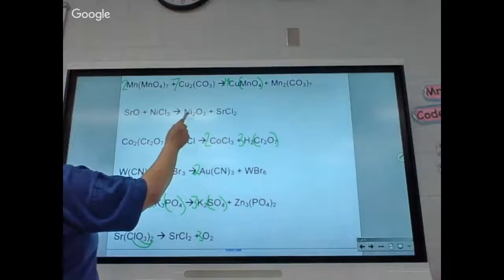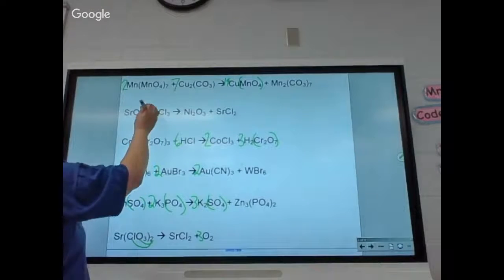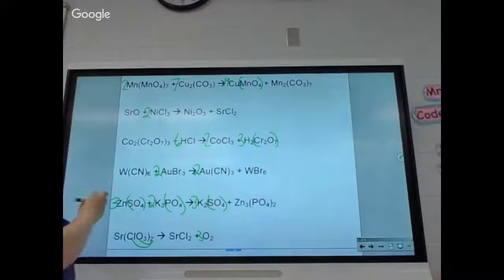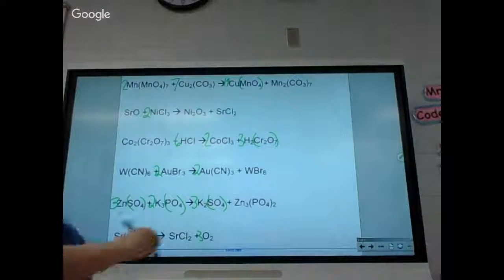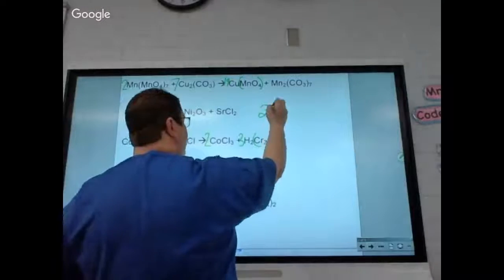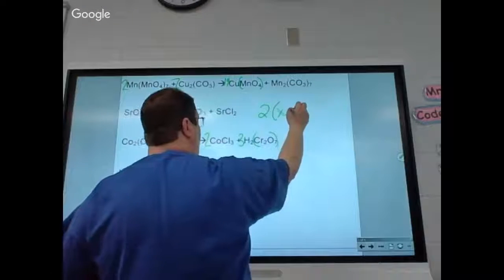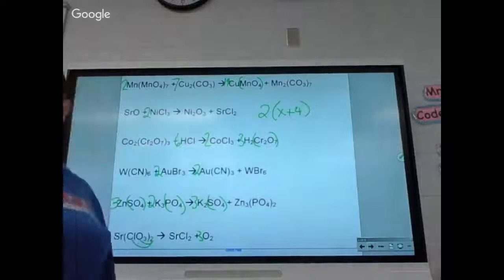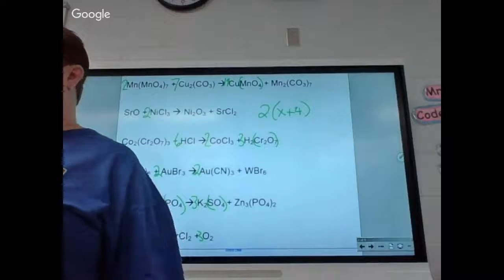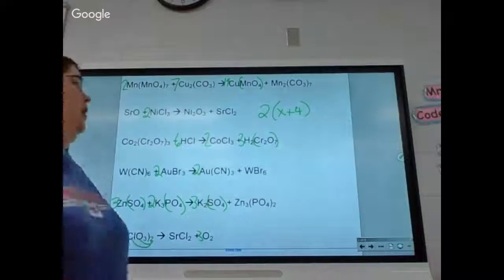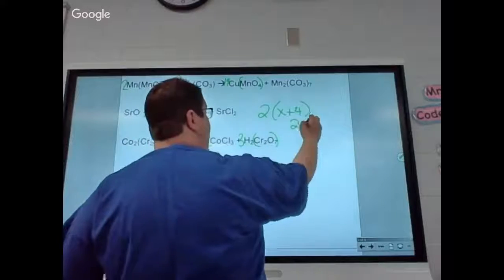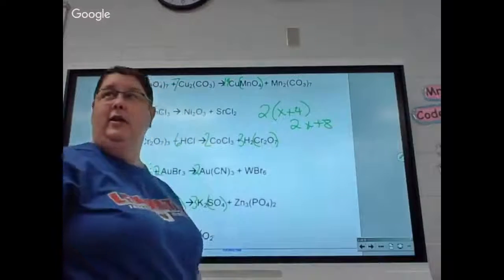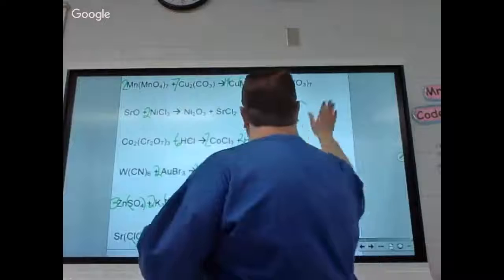So if you got 2 here, what are we going to put on this side? Now, when you put that 2 there, it's like in math class where you have a 2 in front of x plus 4. What does the 2 do in front of the x plus 4? It multiplies through it and distributes, right? And you wind up with 2x plus 8, correct? So it does the same thing in the equation.